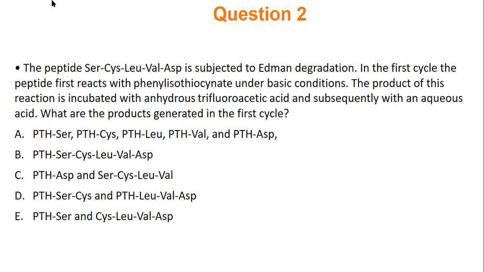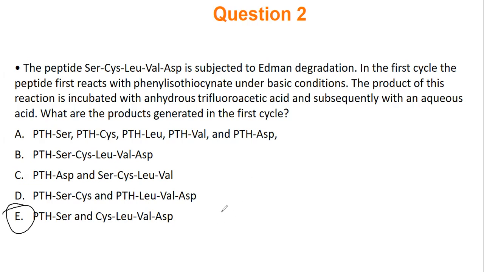All right, so with Edman degradation, you only remove the N-terminus while all other amino acids remain the same. That would be E. You're going to make your PTH serine, and the rest of the amino acids will stay together in their own peptide chain. And so that's round one.